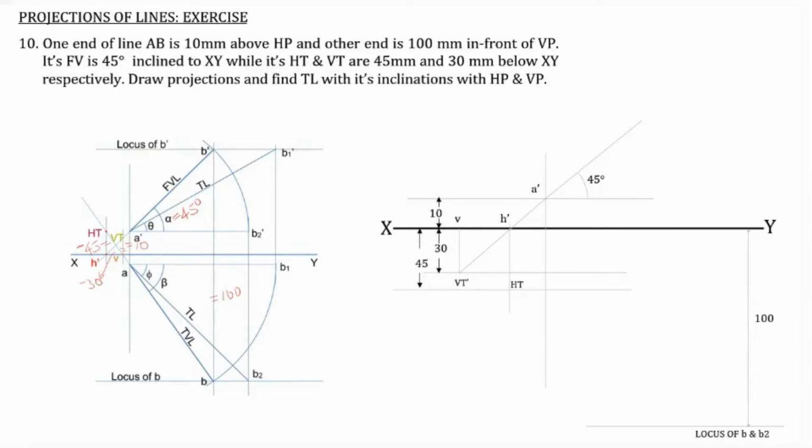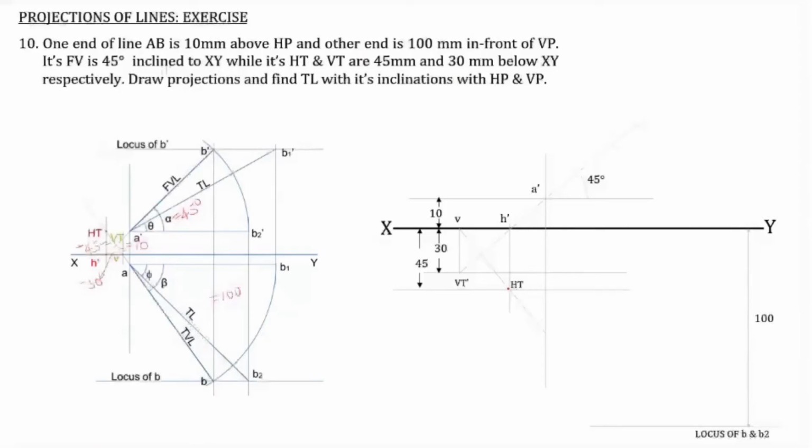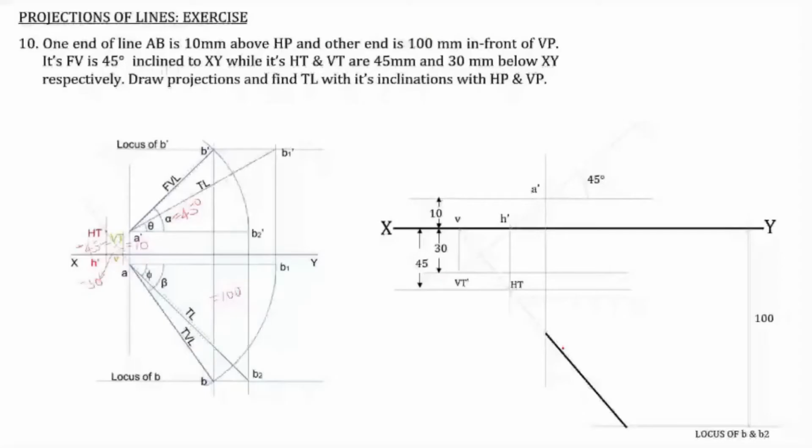So from V we start a straight line through HT, and when that line intersects the projector of A, this is the point A, and then that line can be extended to the locus of B, and the point of intersection of that line with the locus of B will give you the point B. So this is point A and this is point B.